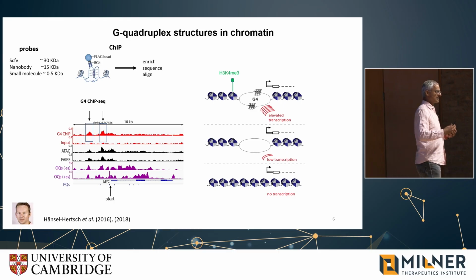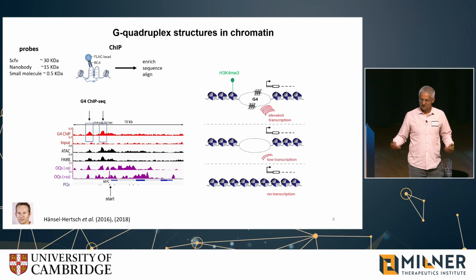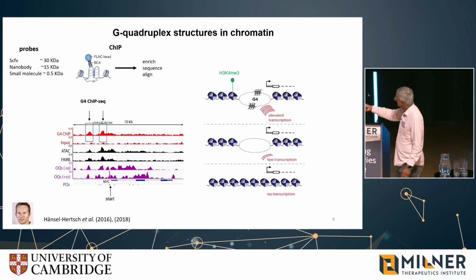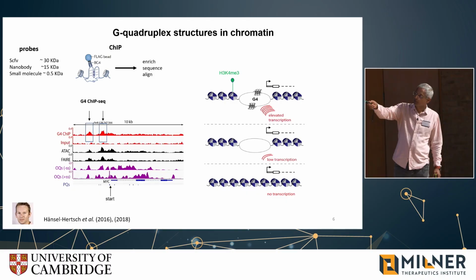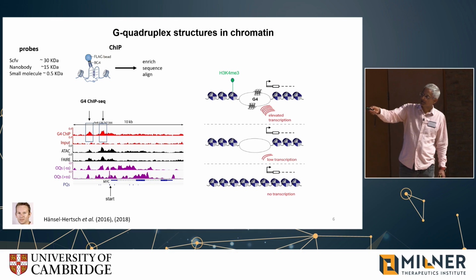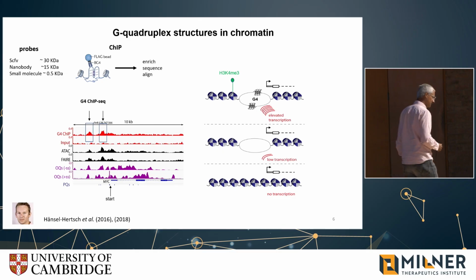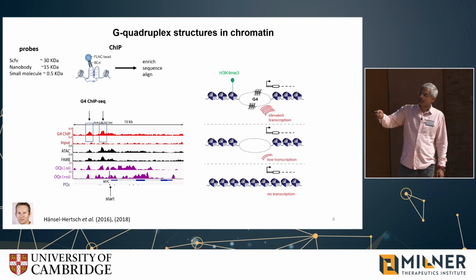So chromatin is actually suppressing these structures in cells. But the ones that form, form in relatively nucleosome-free regions. And you can see here, here's the MYC oncogene, here's a transcription start site, and they're forming in the upstream element. So Robert and others carried out measurements on dynamic changes in whether these structures form.